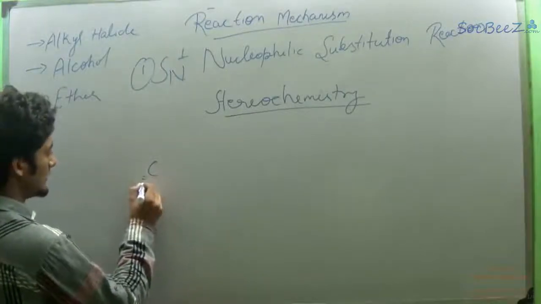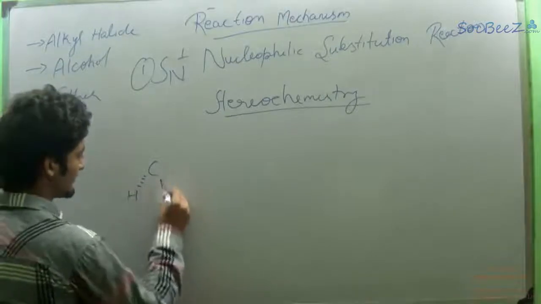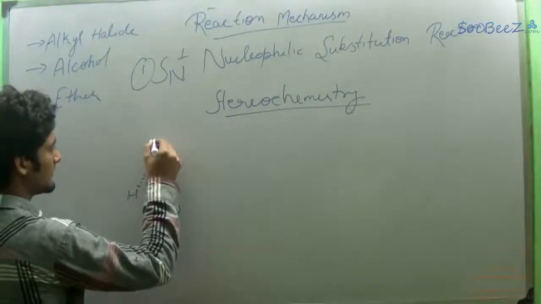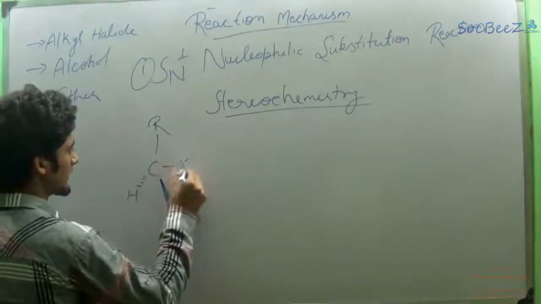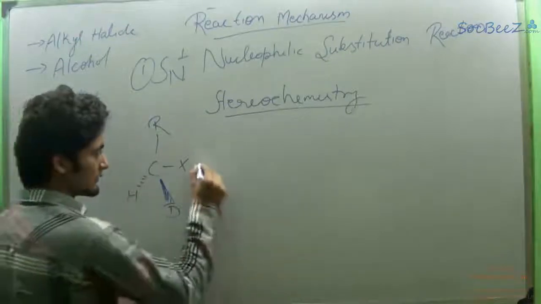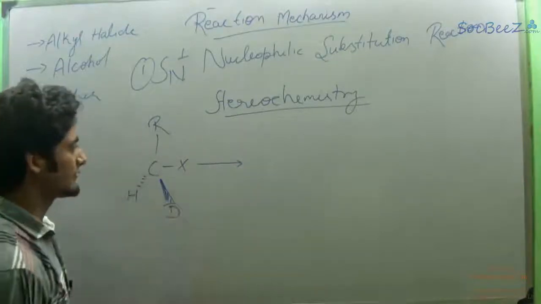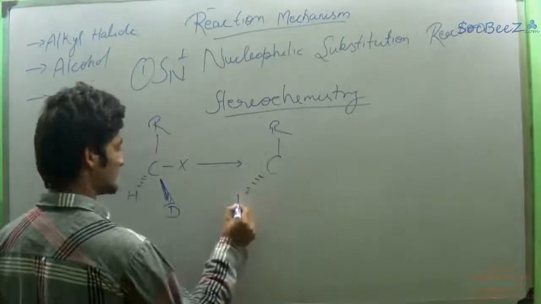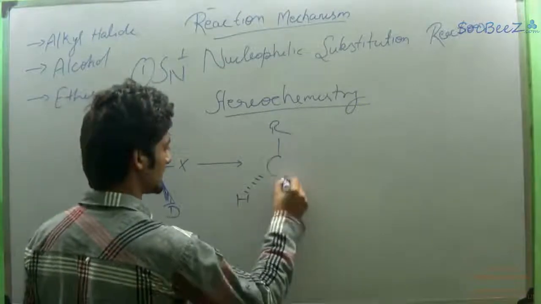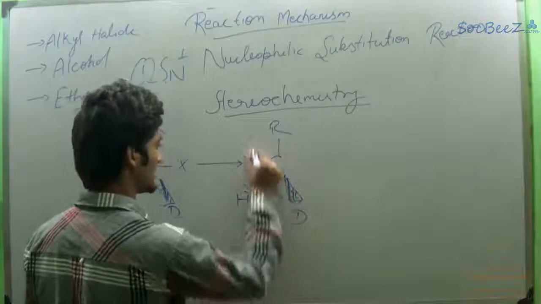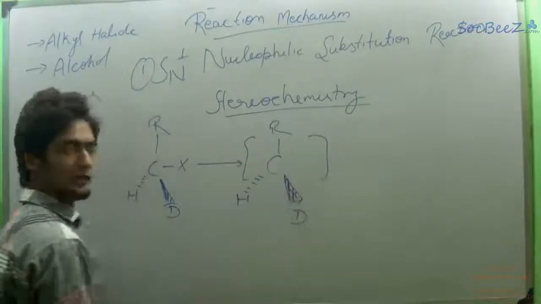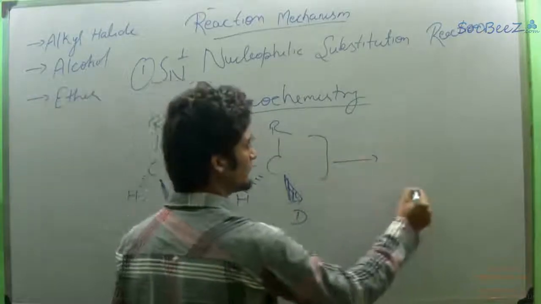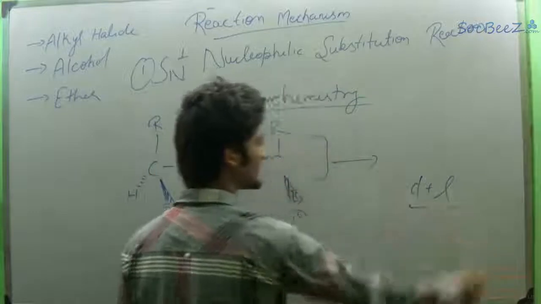For example, we have H, D, and let's say R, X. The carbocation formed is a planar species, thus it will give me a planar molecule. This can be attacked from either face. So the product we will form will be a racemic mixture of D plus L.